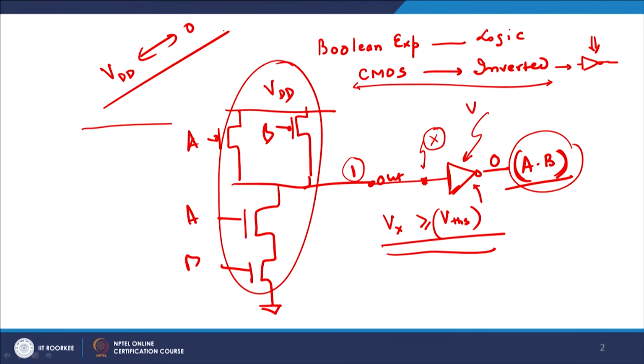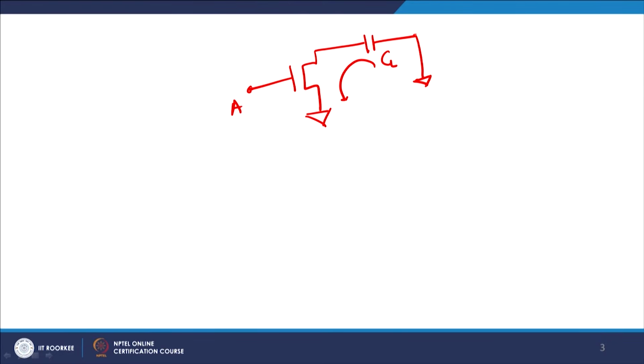This we have learned in the previous class, and there is one important point before I move forward: an NMOS is a very good, strong passer of 0, right? So if you have an NMOS inverter and CL is charged to some value, then CL will discharge and the voltage here will start to fall.